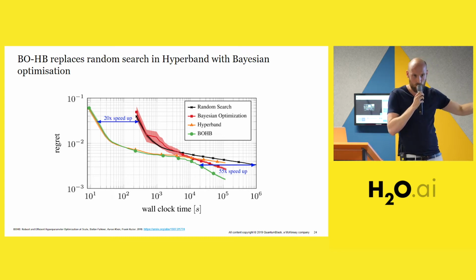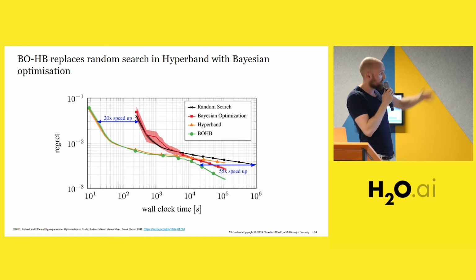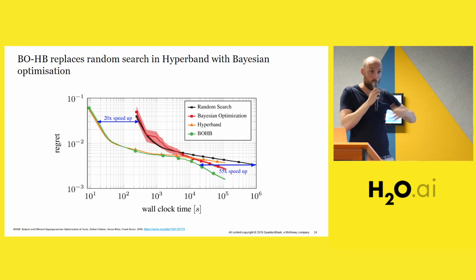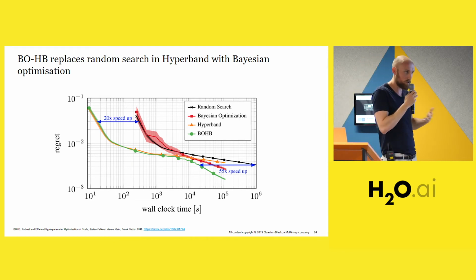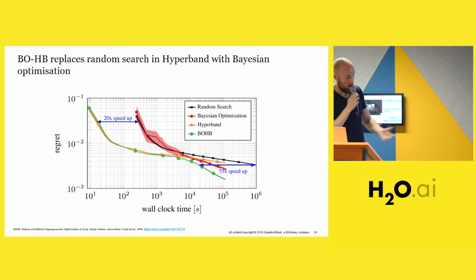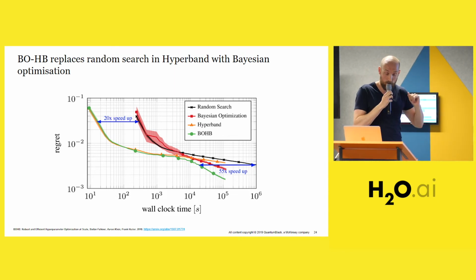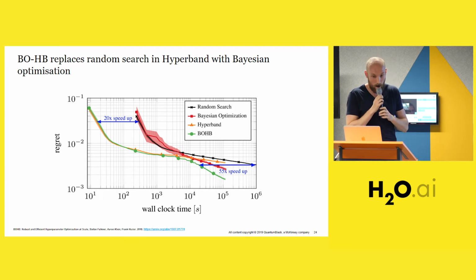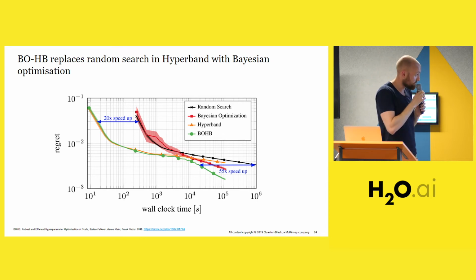They have a good AutoML group there. And this method was used in their winning entry in the latest automated machine learning competition at NeurIPS. So it's definitely something that has also proven itself in practice. And they have made available an open source implementation of this. So I highly recommend you give this a try.